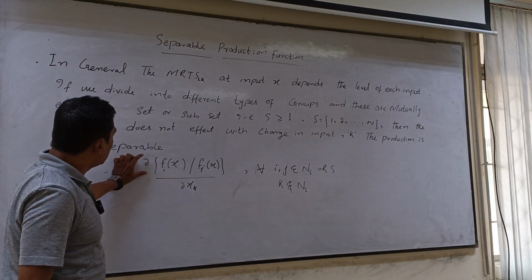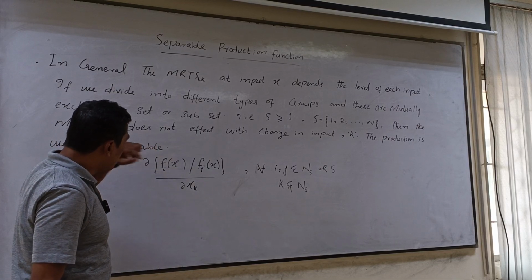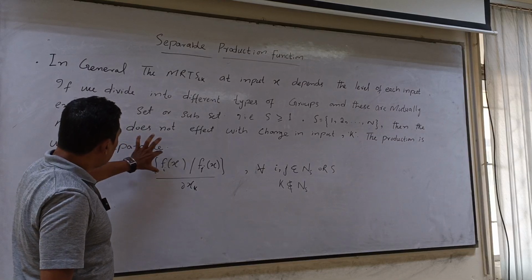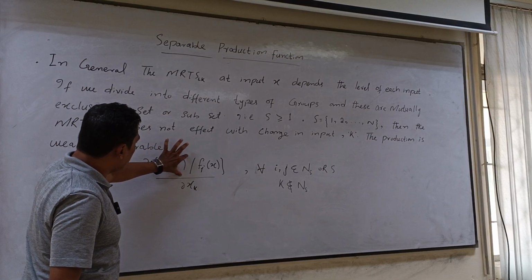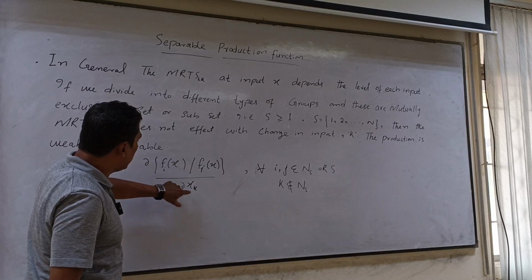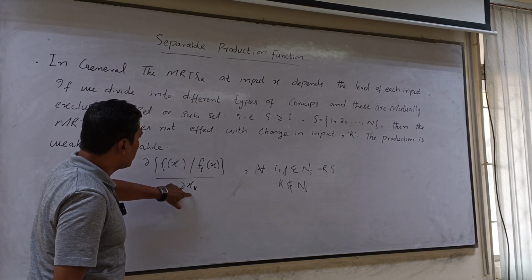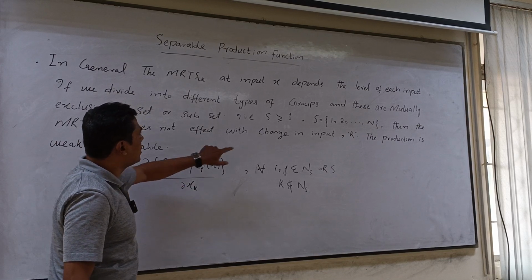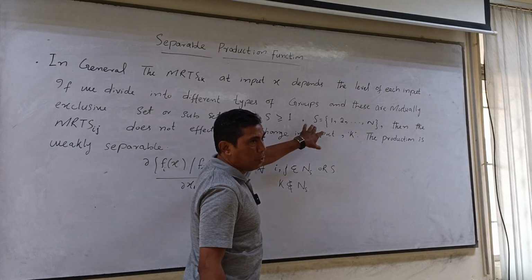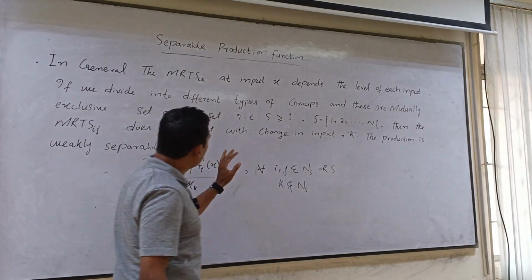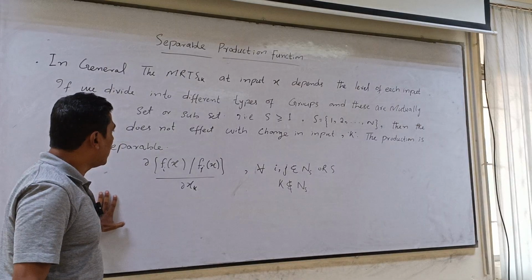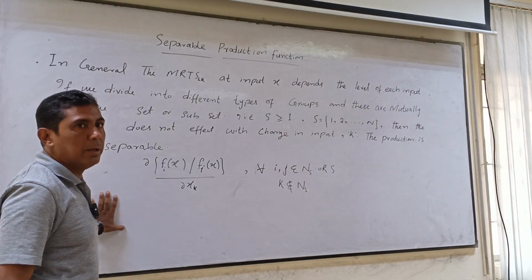What does it mean? The change in inputs i and j with respect to a change in another input k, and that k is not part of this subset or this group. So both production functions are weakly separable in nature.